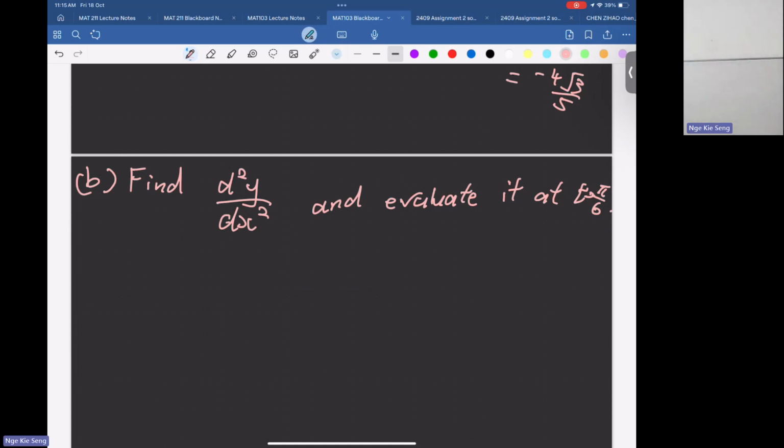Can you think about it for 1 minute? How are you going to do it? I just told you how to differentiate once. You apply it to differentiate twice.